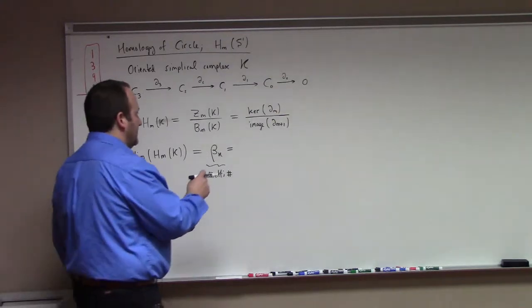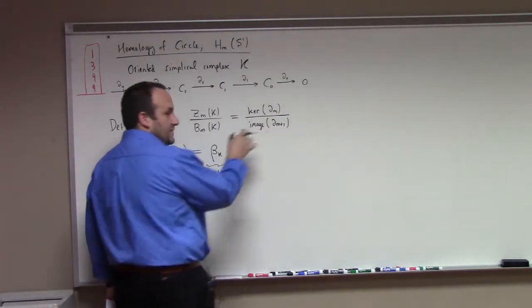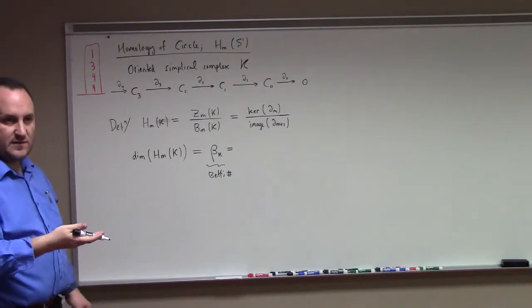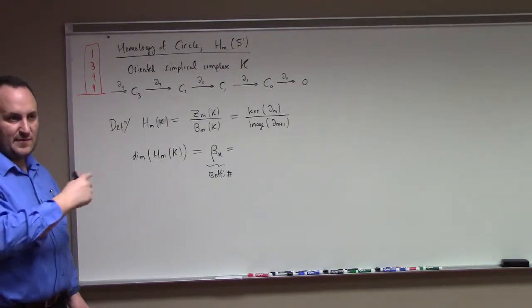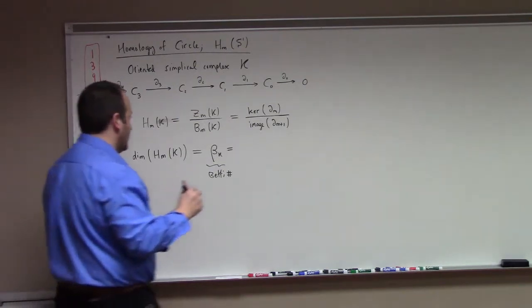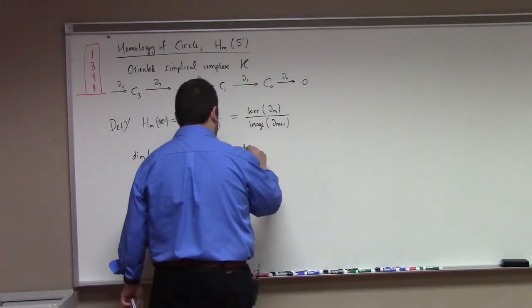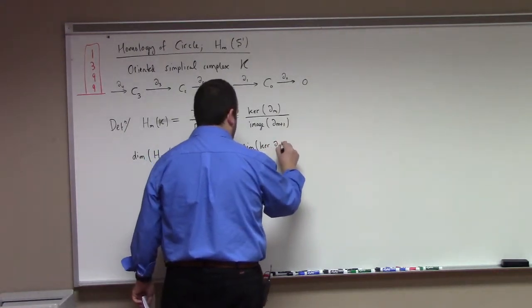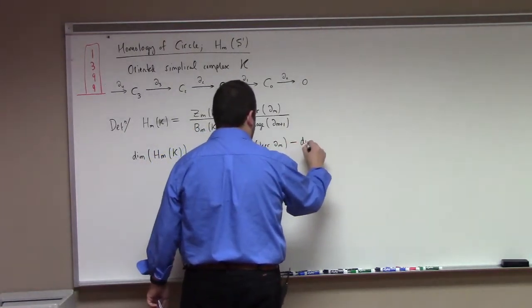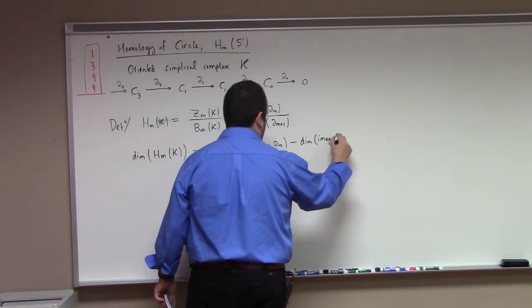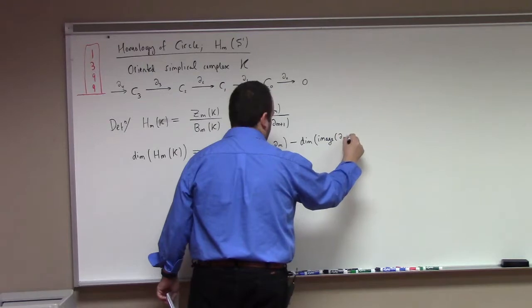But anyway, how do we calculate the dimension of a quotient of vector spaces? Remember, it's the dimension of the superspace minus the dimension of the thing we're quotienting by, right? So this is the dimension of the kernel of the mth boundary map minus the dimension of the image of the m plus 1th boundary map.